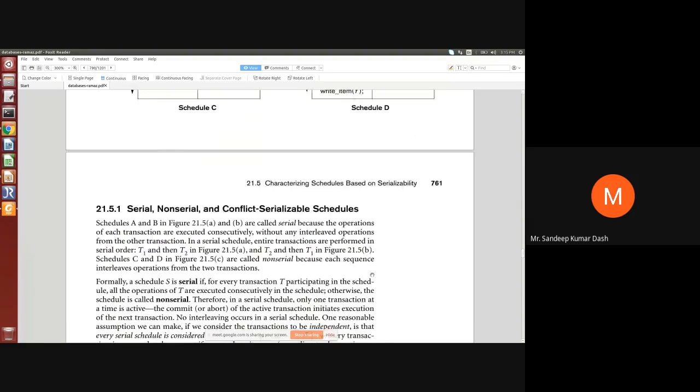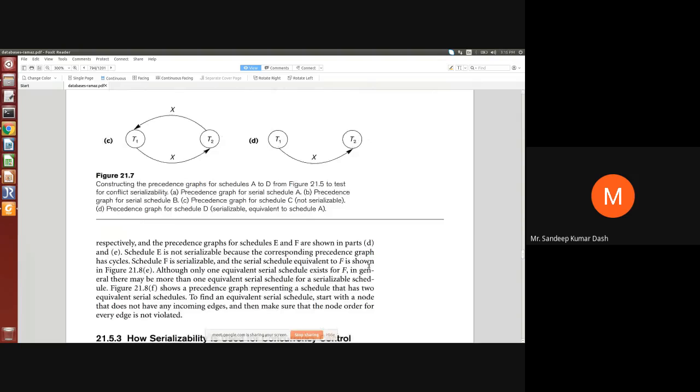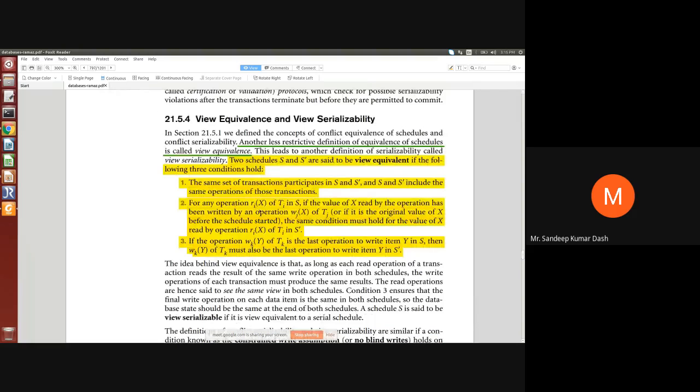Then the next condition is: for any read operation in a transaction, if the value of x is read by the operation that has been written by another operation wj of tj, or it has been originally read from the database, then the same condition must hold for that variable in s dash.